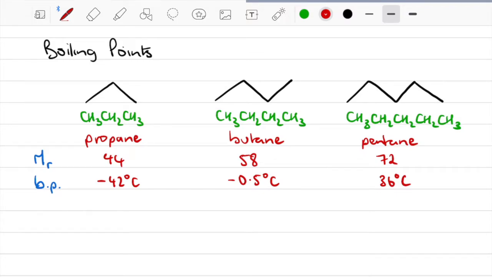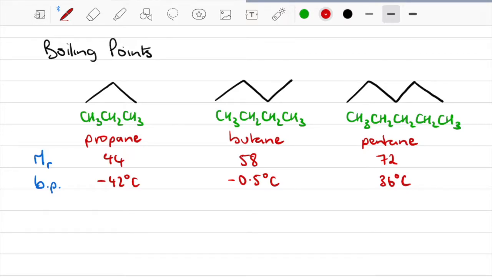What we then have to decide is whether we also have, in addition to those van der Waals forces, permanent dipole-dipole or hydrogen bonding. Permanent dipole-dipole depends on two things. The first thing is that you must have at least one polar bond. That means you have a noticeable difference in electronegativity between two covalently bonded atoms. So that's where you get your delta plus, delta minus.